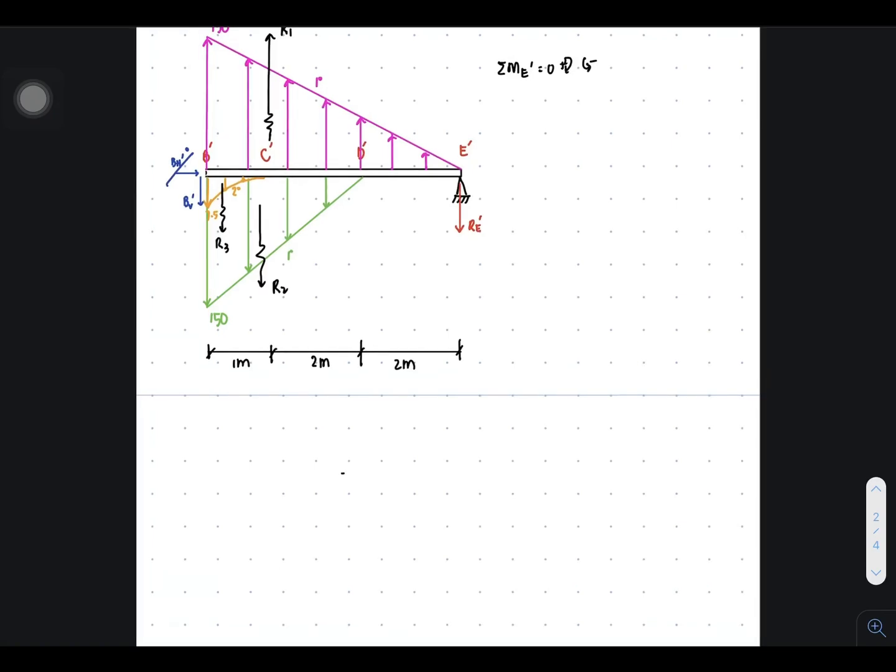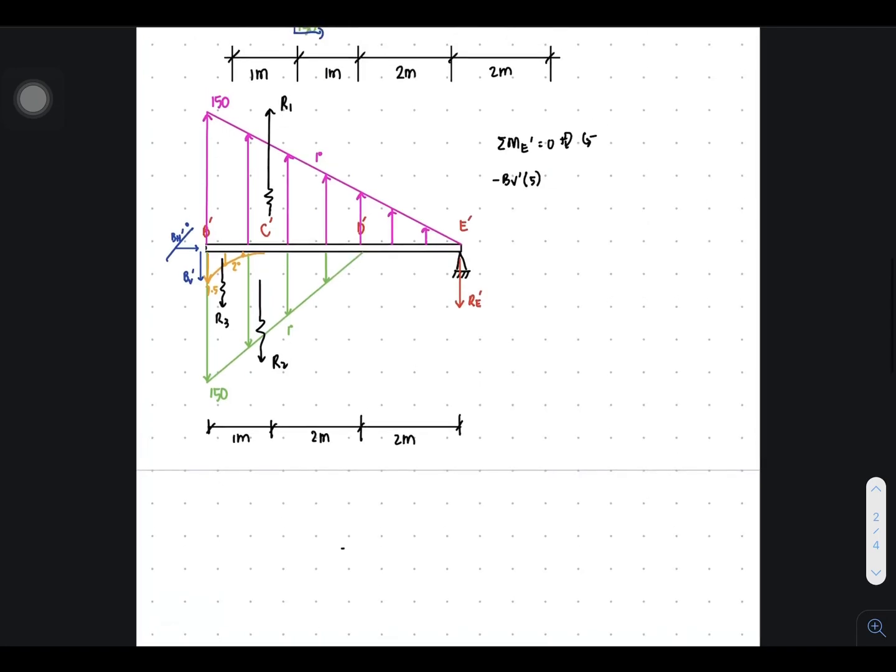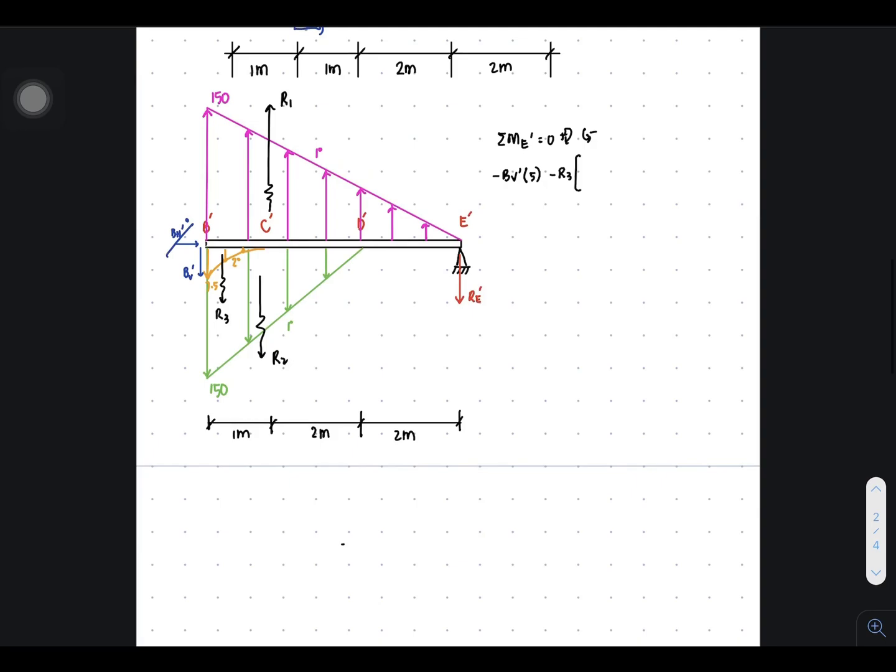So negative BV prime, counterclockwise man siya with a moment arm of 5, and then minus R3 times 2 plus 1 over 2 plus 2 of 1 plus 4, and then minus R2 times 2/3 of 3 plus 2, and then I'll just move here, and then plus R1 times 2/3 of 5 equal to 0.